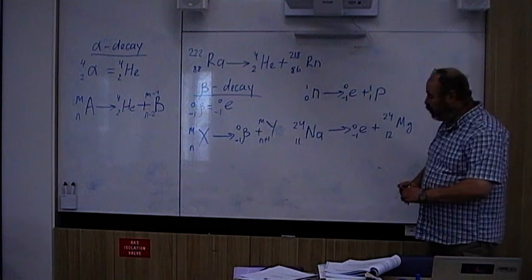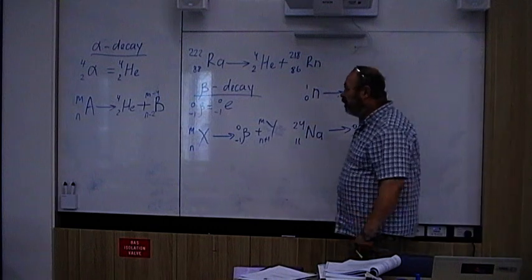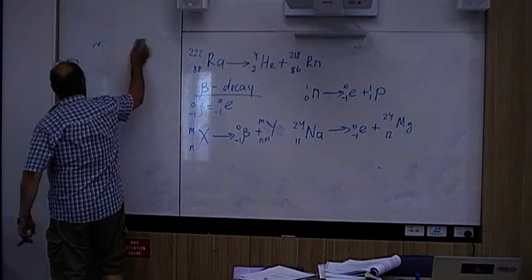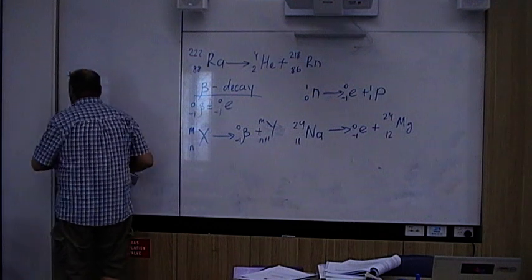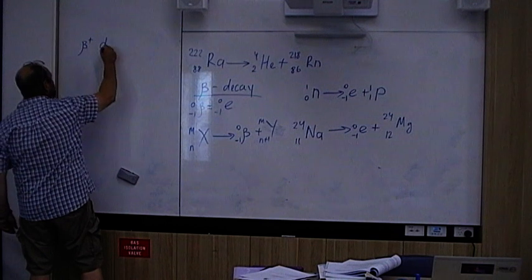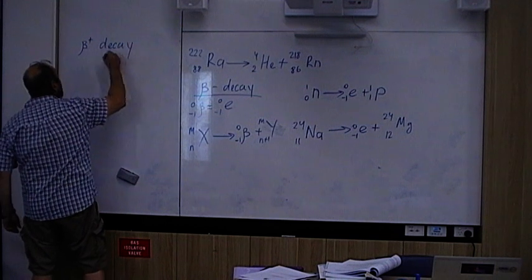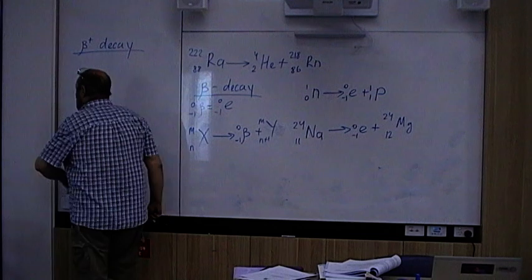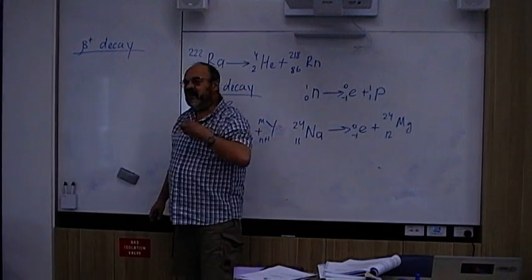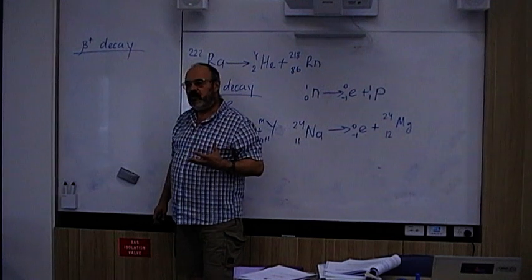The next type of decay is positron decay, or beta plus decay. Beta plus decay is when a positron is ejected from the nucleus. A positron is, in fact, an anti-electron.